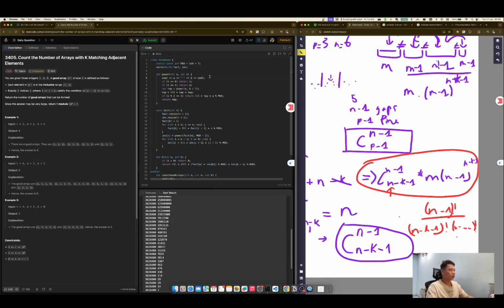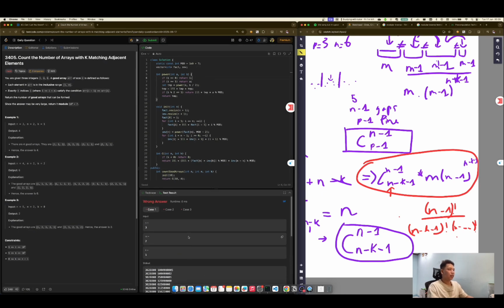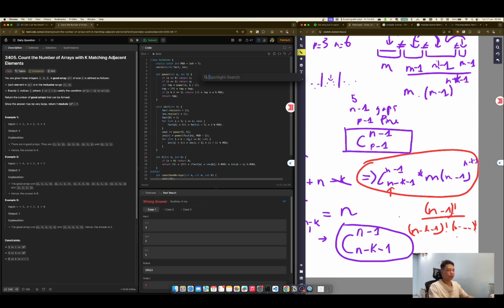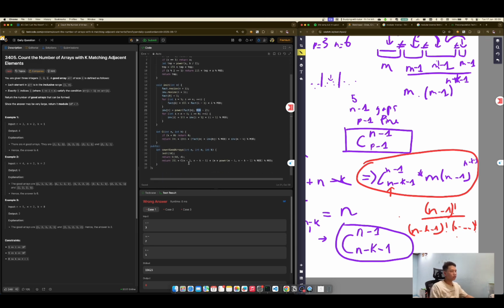It looks so correct, but actually it returns something wrong. Just do a little test here. Yes, that's right. But why does it return 0? Mod, why?